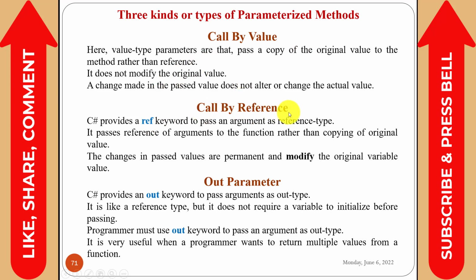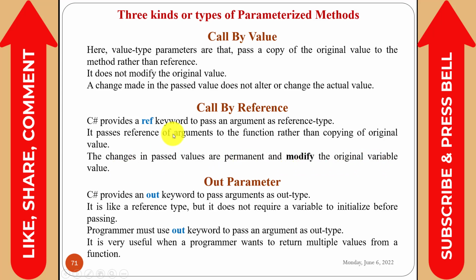Second, call by reference. Here we use the ref keyword. C# provides a ref keyword to pass an argument as a reference type. It passes the reference of arguments to the function rather than copying the original value. The changes in passed values are permanent and modify the original value.